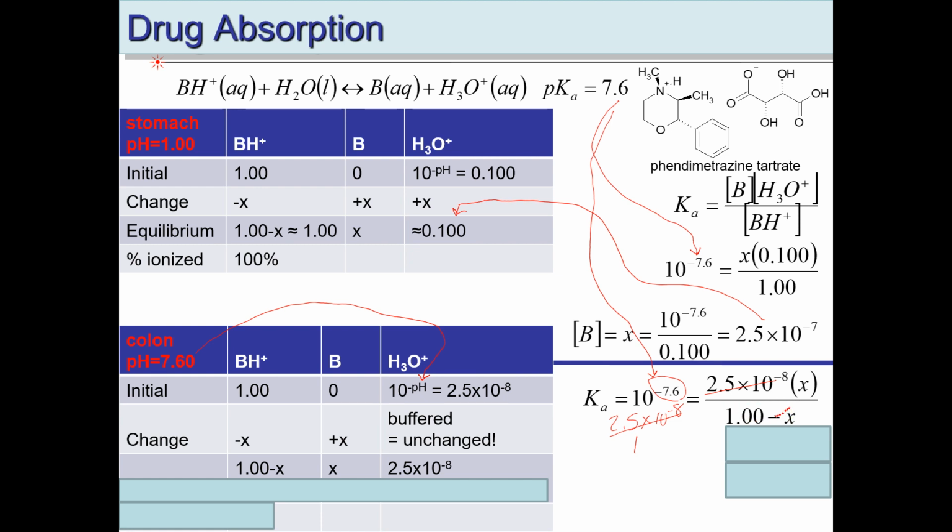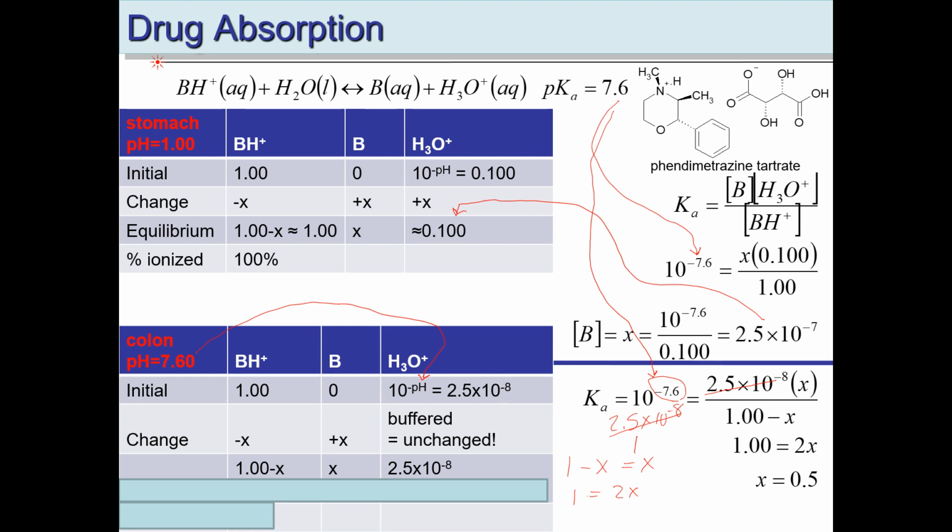So I'm going to bring this 1 minus X over to the left, and then bring the X back over. So I'm going to have 1 minus X is equal to X, or 1 is equal to 2X, or X is equal to 0.5.